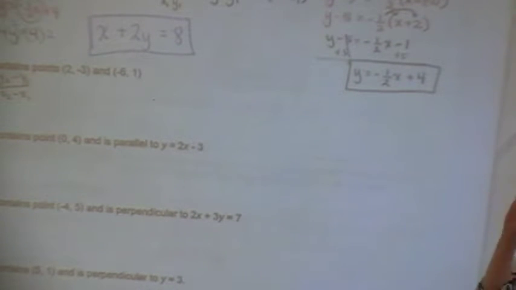So first I'm going to use my slope formula: y2 minus y1 over x2 minus x1. You can label these points however you want. It doesn't matter. It just makes sense to me that this one's listed first. So it'll be x1, y1, and this one will be x2, y2.